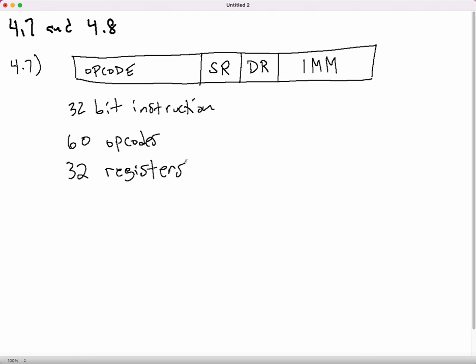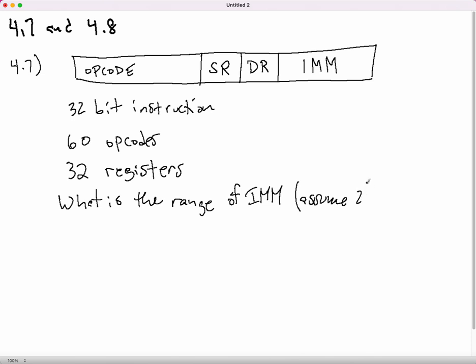So they want to know what is the range of IMM. And they said let's assume, what do they assume? It's a 2's complement value.